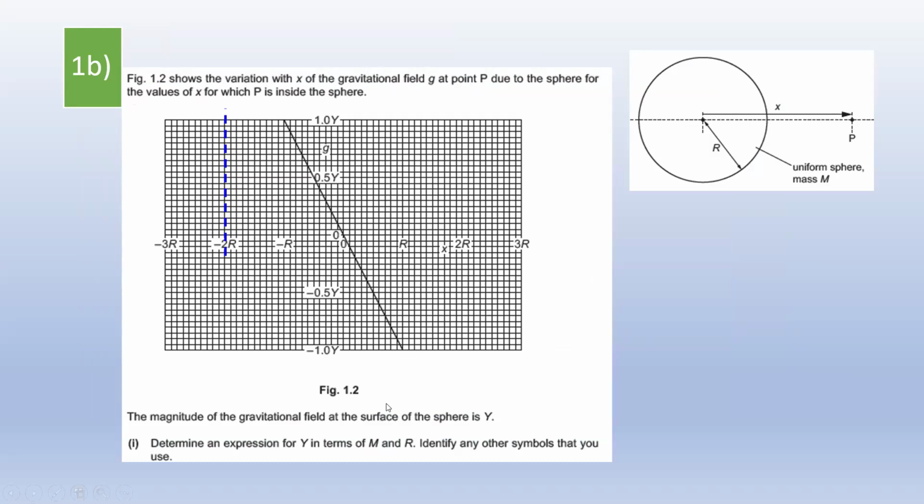Figure 1.2 shows the variation with x of the gravitational field strength G at point P due to the sphere, for values of x for which P is inside the sphere. The magnitude of gravitational field strength at the surface of the sphere is y. Determine the expression for y in terms of m and r. Identify the symbol that is used.